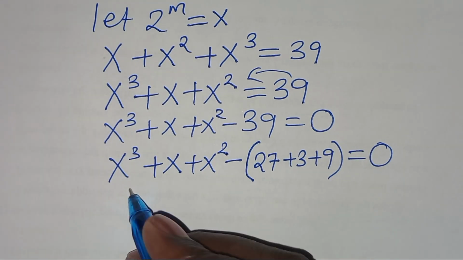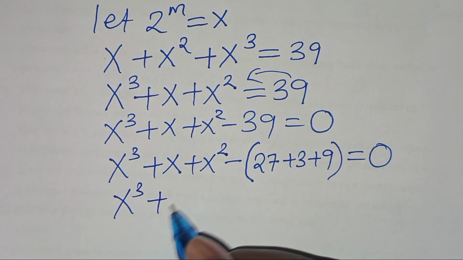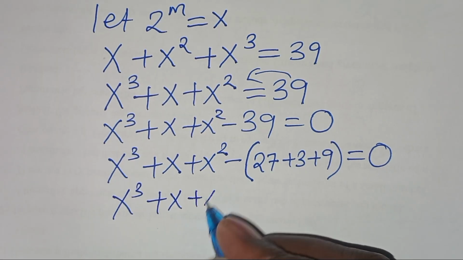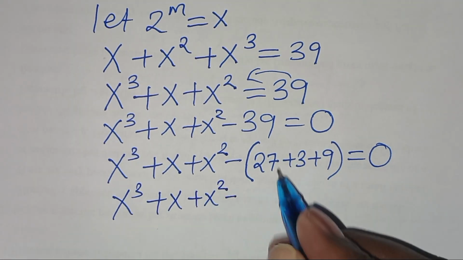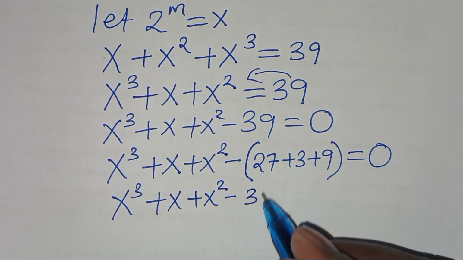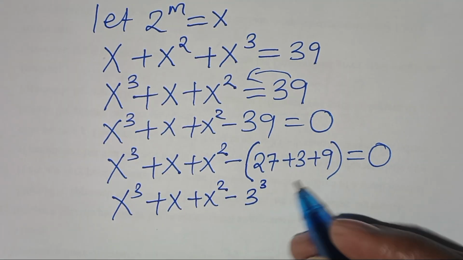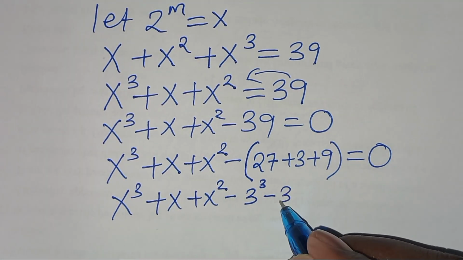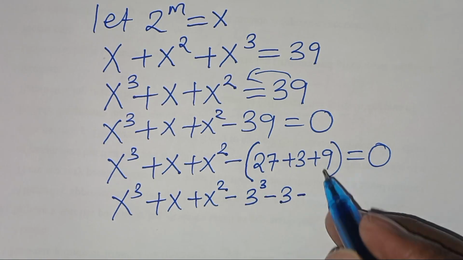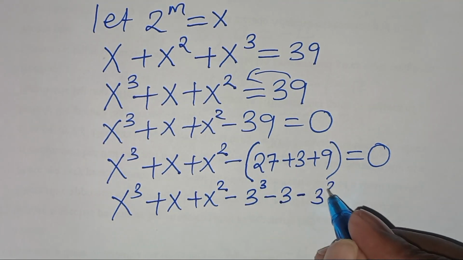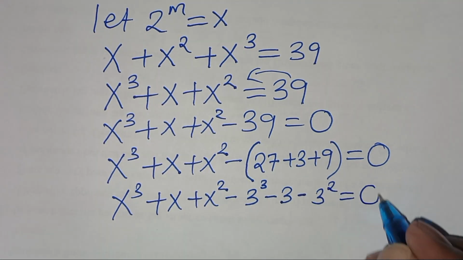So from here, we have x to the power 3 plus x to the power 2. Subtract 27, which you can express as 3 to the power 3. Then here, subtract 3. Then subtract 9, which you can express as 3 to the power 2. This is equal to 0.